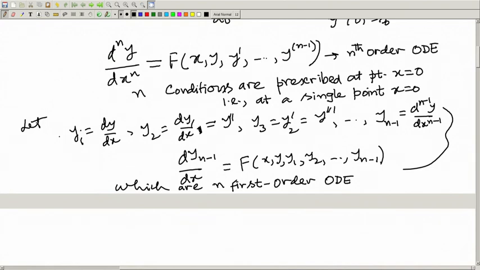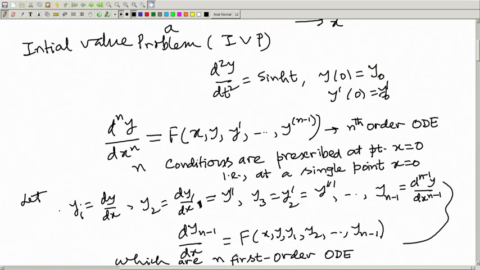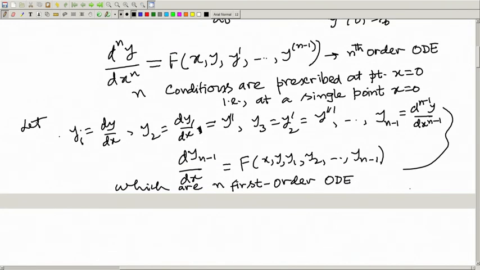And accordingly our conditions can be expressed in this way. All the conditions which were prescribed are prescribed at x equal to 0.